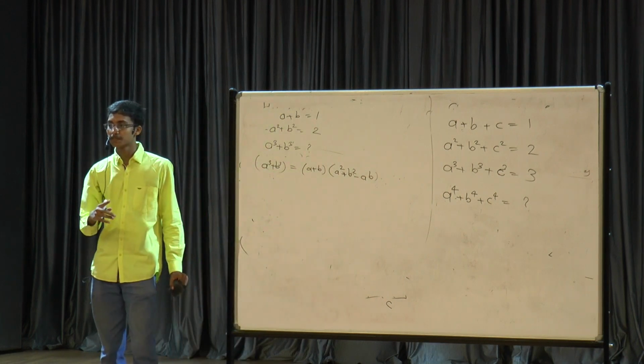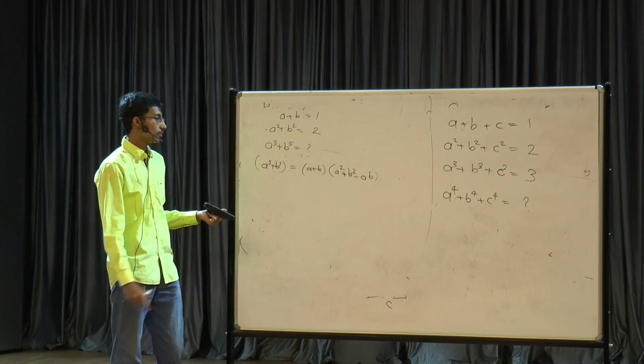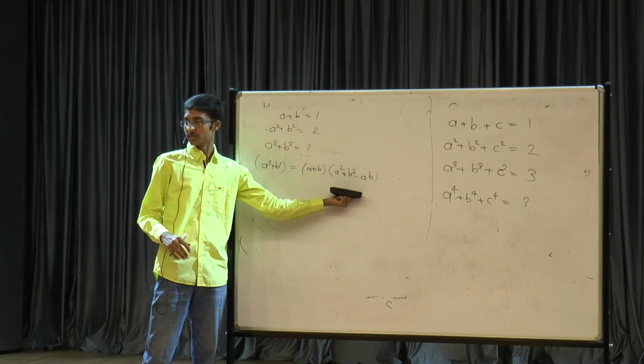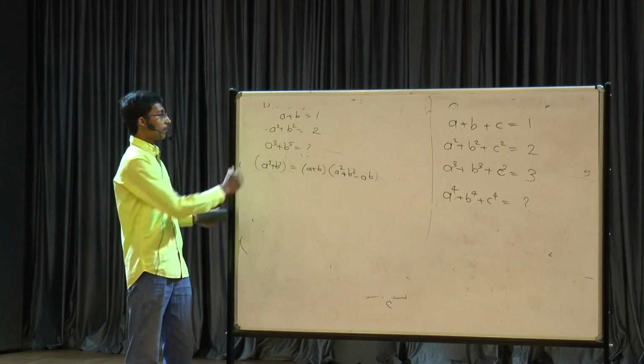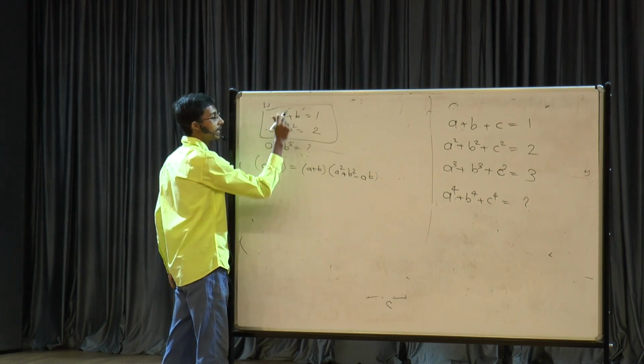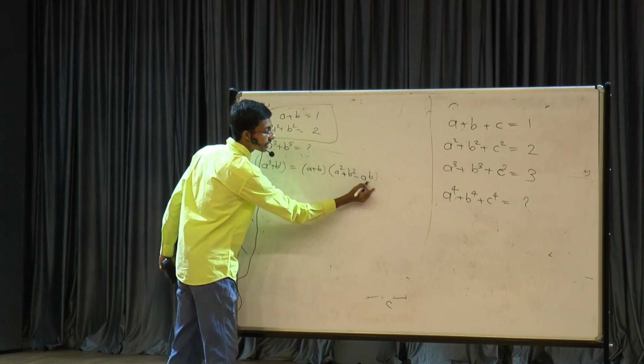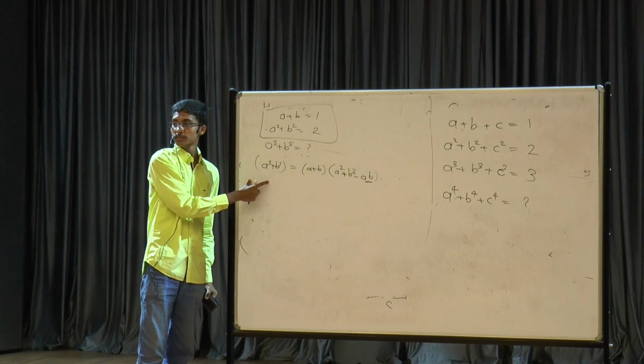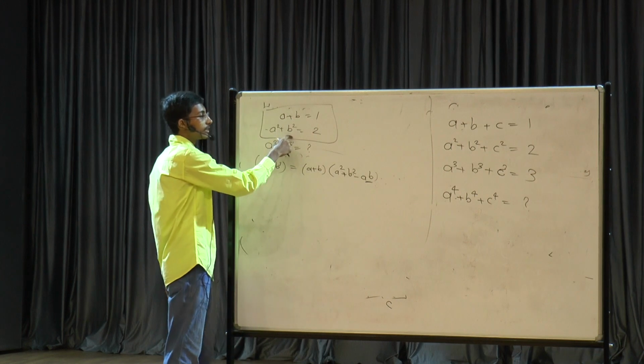That's the thing, right? So this is a factorization of A cube plus B cube. From these two, if I calculate the value of AB, do I know the value of A cube plus B cube? How do I calculate AB from this?